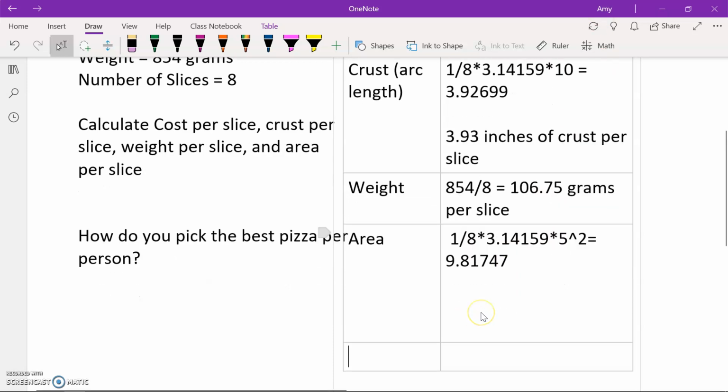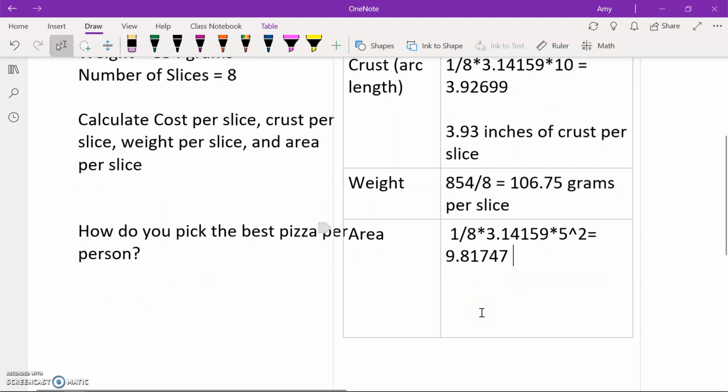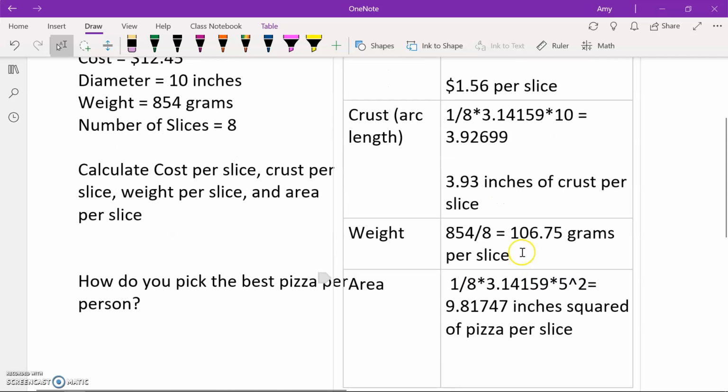And in this case, we're going to get 9.81. So we could say 9.82 square inches of pizza. So that's how we could find our area for one slice of pizza.